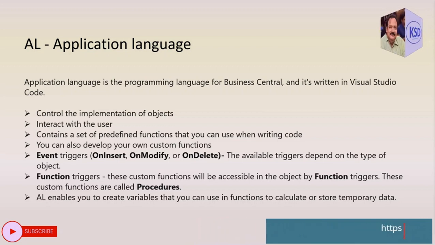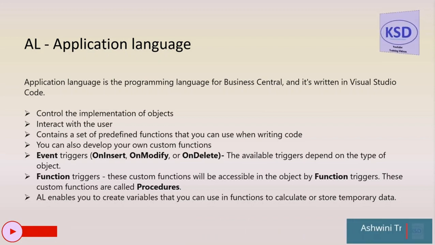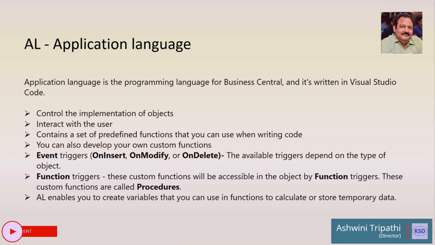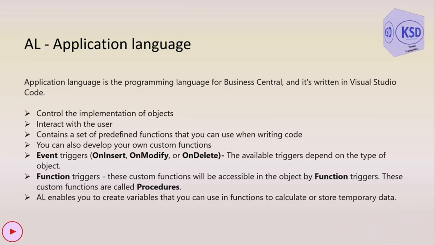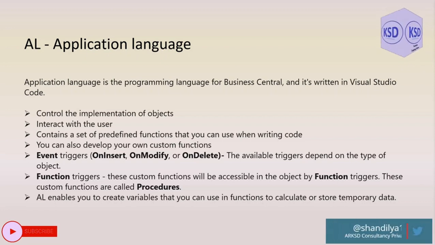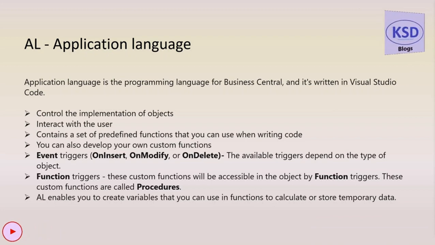Event triggers such as on insert, on modify, or on delete are available. The availability of these triggers depends on the type of objects. The function triggers are the custom functions, and they will be accessible in the object by function triggers.